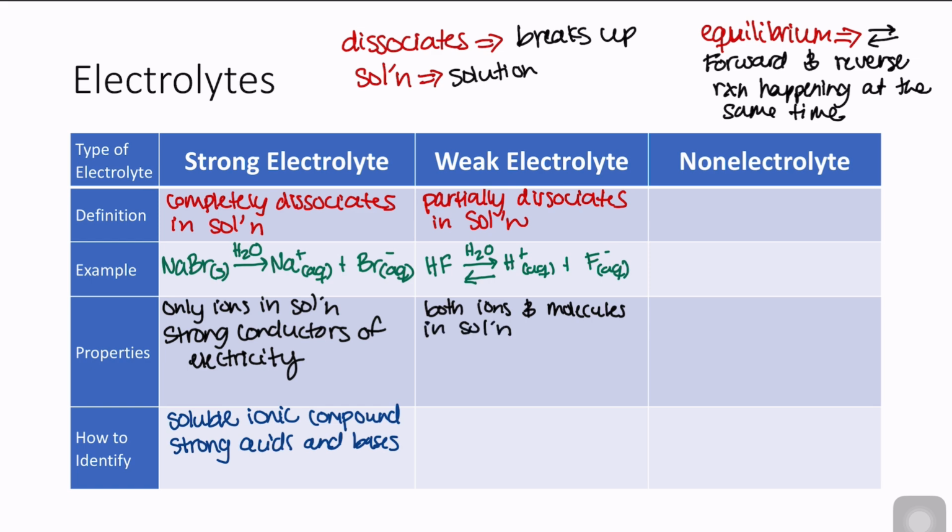So since we do have ions in solution, it will conduct electricity. However, we don't only have ions. Because those ions are getting back together to form the molecule, we have molecules as well. So they are weak conductors of electricity.